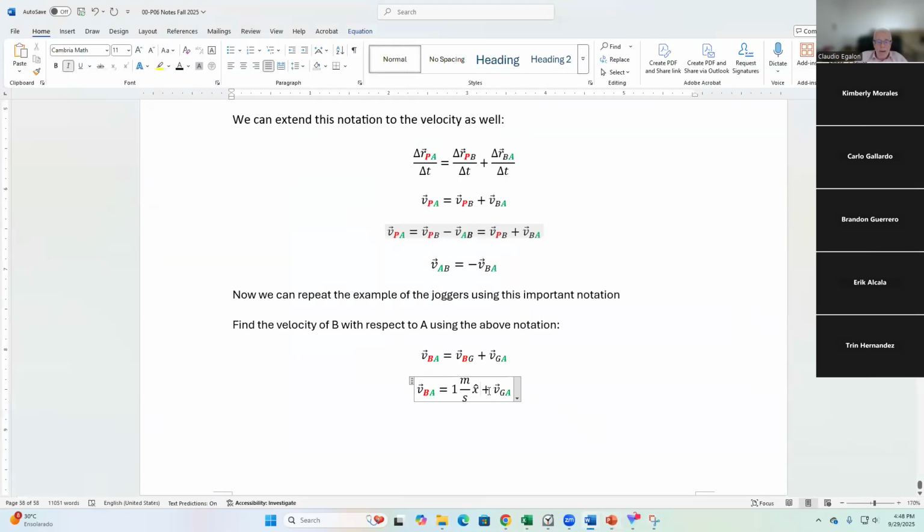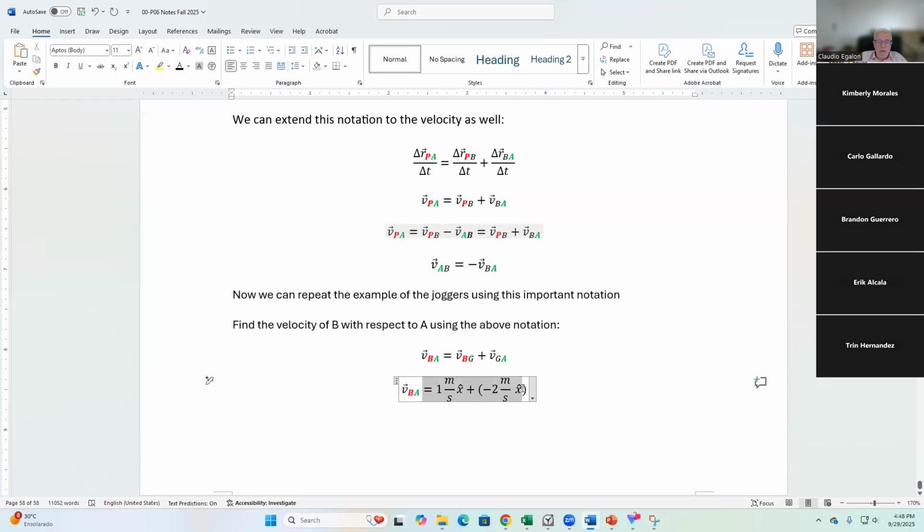Is going to be what? Minus 2 meters per second in the positive x direction.